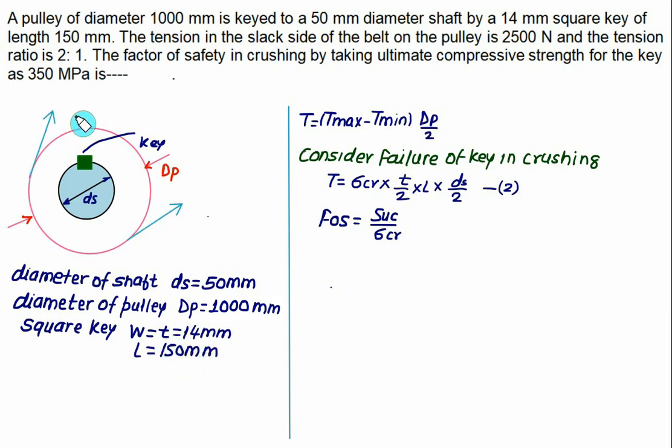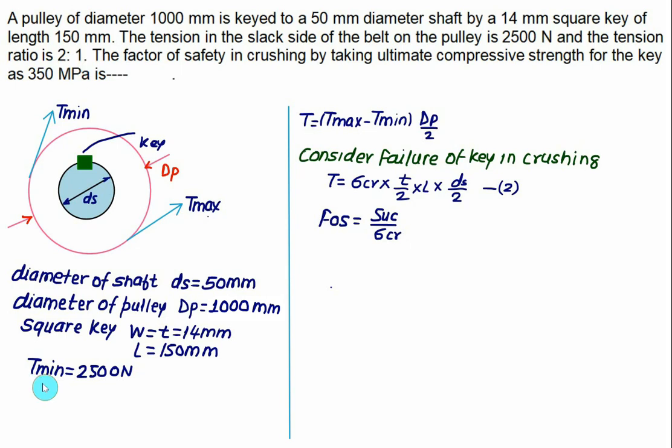Let's represent here the minimum tension as T minimum and the maximum tension as T max. We have given here the minimum tension, T minimum, equal to 2500 Newton. And we have the ratio given as 2:1.